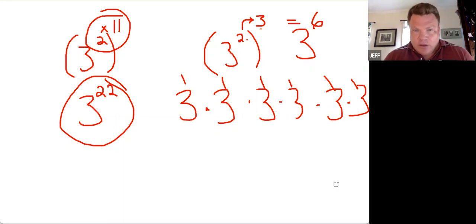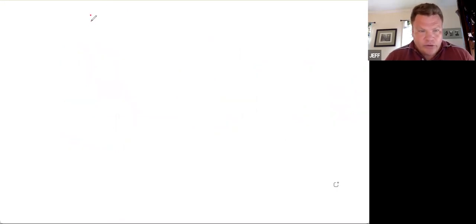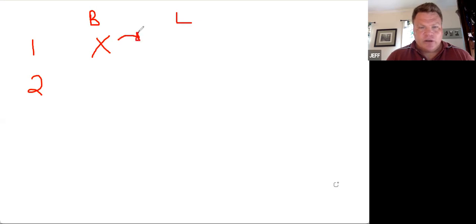Okay. So rule number 1, I'm going to do big. This is rule number 1. This is rule number 2. If the big numbers are multiplying, the little numbers, we just tip that thing over just a little bit. We're going to add. If the big numbers are dividing, we get rid of the dots and we subtract.